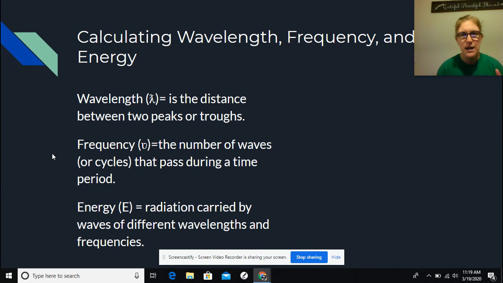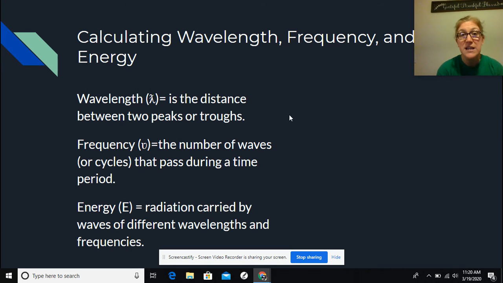Every type of radiation will carry a certain amount of energy, and it's dependent upon the amplitude, the height of the wave, the wavelength, the distance between the waves, and how close those waves are together, their frequency. Those three properties will determine the energy of a wave.